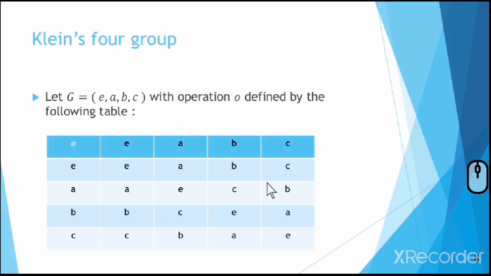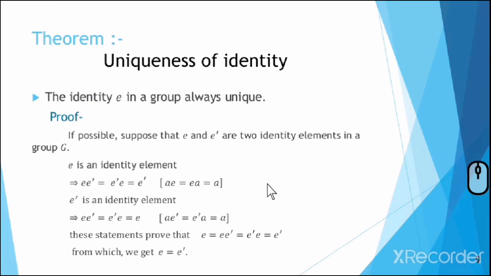You can do that and make it a group. Now, uniqueness of identity: in groups, every identity is unique. Obviously there is only one identity in a group. Let's suppose E and E dash are two identity elements in a group G. Since E is an identity element, E dash E is E dash.